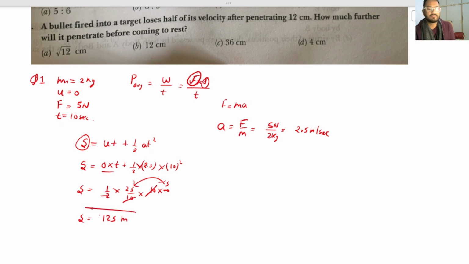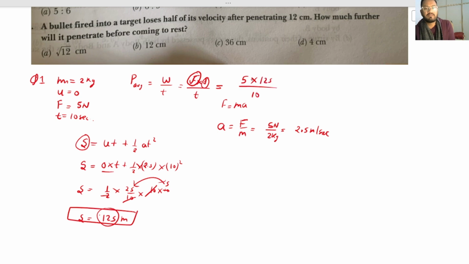So S is the displacement because of the 5 Newton. Now, if we see the formula, we got the value of S. D is S, actually S and D are the same thing, displacement. So force is 5 and the displacement is 125 upon time 10 seconds.